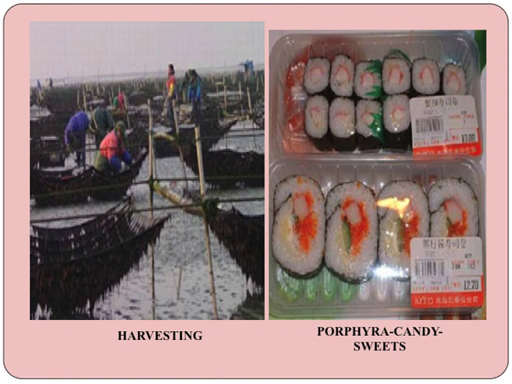The Porphyra sweets are called candy in Japan, and as well as in China, wherever they are cultivating. They are not called sweets, but they are almost all comparable to sweets.